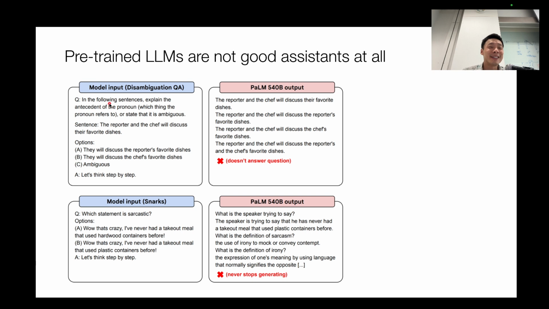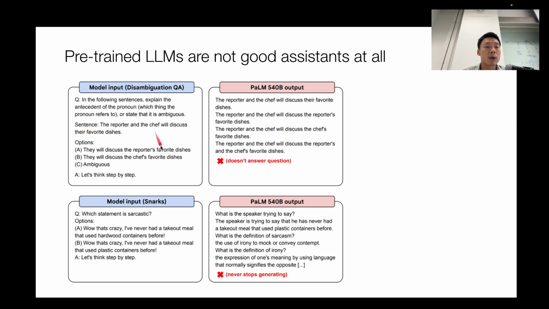All right, cool. Let's look at this. It's a normal multiple choice question, right? In the following sentences, explain the antecedent of the pronoun, which thing the pronoun refers to, or say if it's ambiguous. The reporter and the chef will discuss their favorite dishes. Whose favorite dishes?